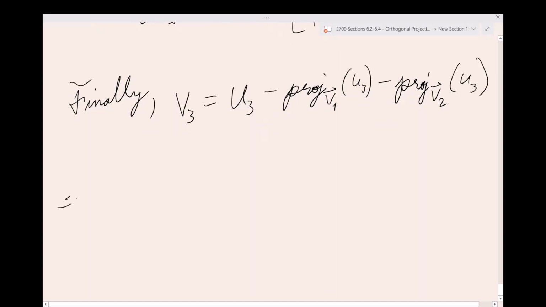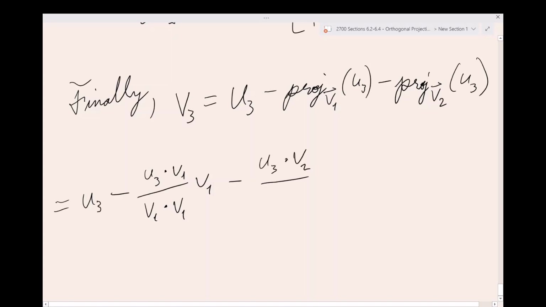So we're going to have u3 minus u3 dot v1 over v1 dot v1, minus u3 dot v2 over v2 dot v2. I stopped writing the arrows just to make this go a little quicker.